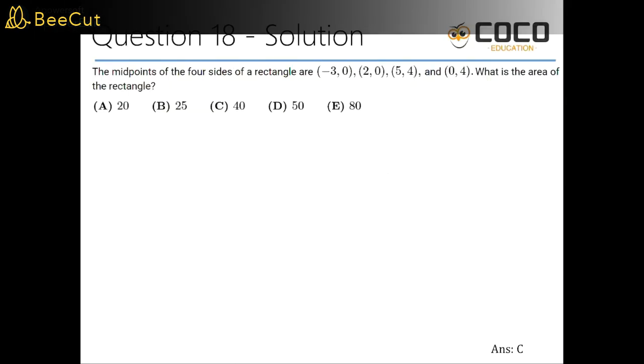Question 18. Okay. So here we need to draw a Cartesian coordinate. This is the x-axis, this is the y-axis. So on this plane, we label 4 points. First one is negative 3, 0. Second point is 2, 0. Then the next one is 0, 4.